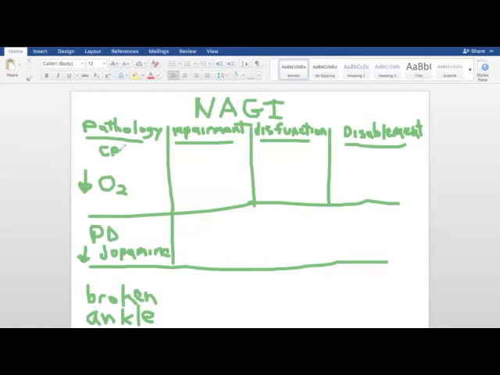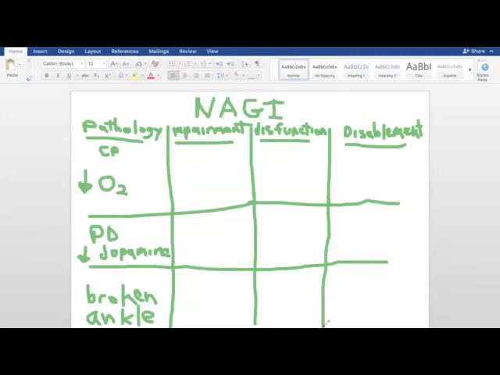If somebody has cerebral palsy and they have a reduction in oxygen, the doctor would come in and maybe assign physical therapy or whatever it is. Or if an individual has Parkinson's disease and they have a reduction in dopamine, the doctor would prescribe levodopa or some way to increase the amount of dopamine. If somebody comes to a doctor with a broken ankle, the doctor would put that person in a cast. Then eventually they would refer that individual to a physical therapist or something.